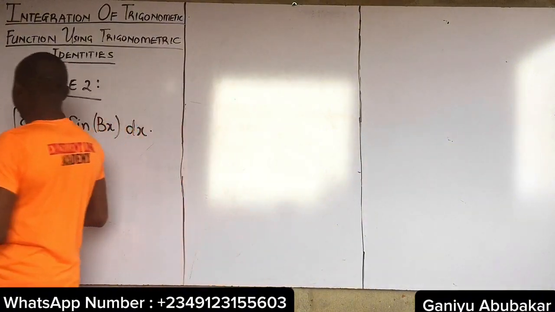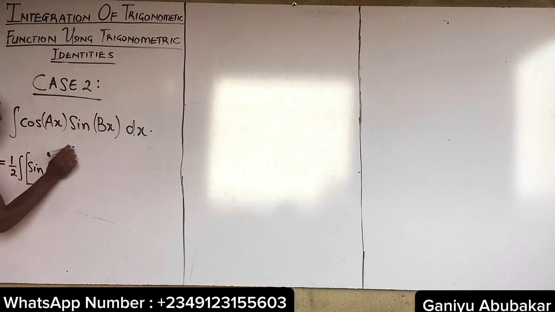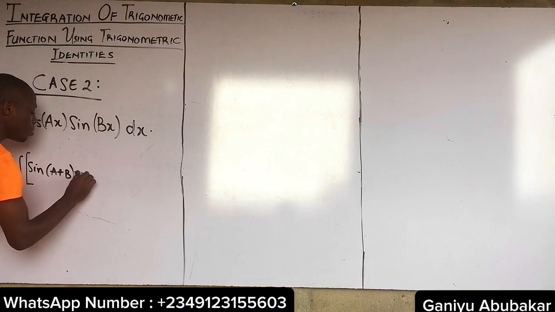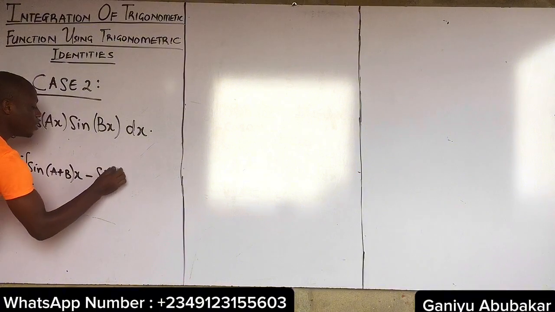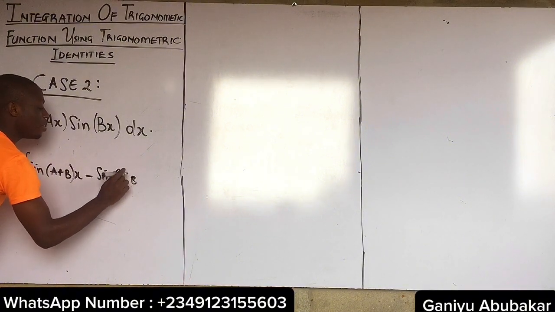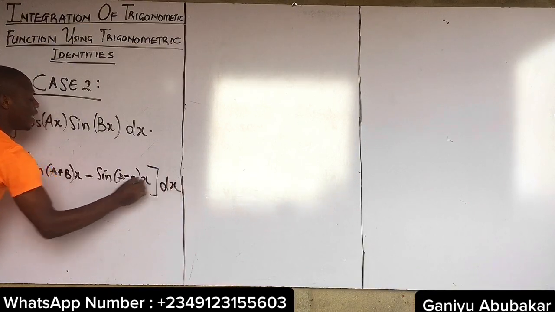For this one now, the expression becomes 1 over 2, which is half, integral of sine (a plus b) x minus sine (a minus b) x.